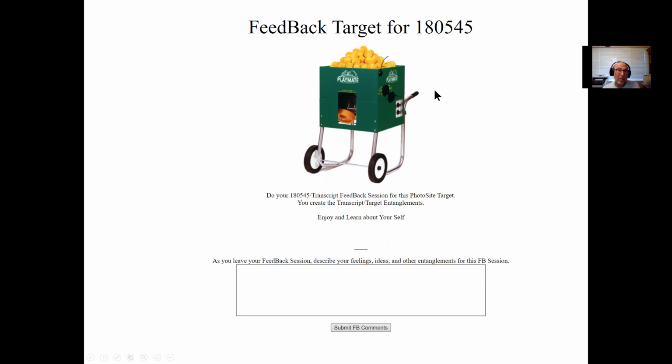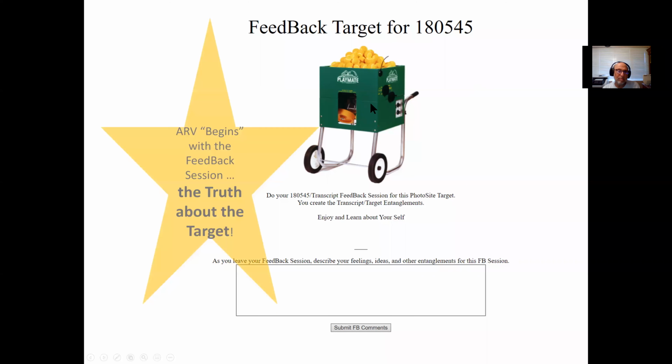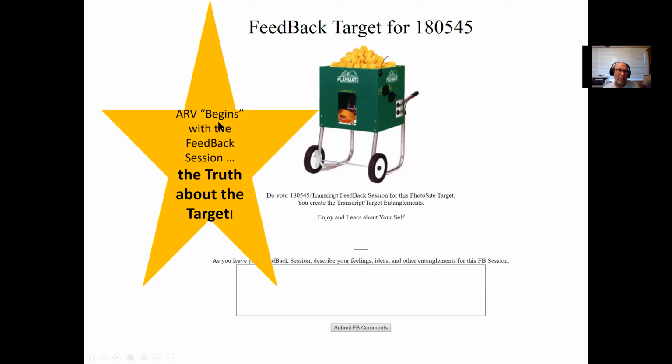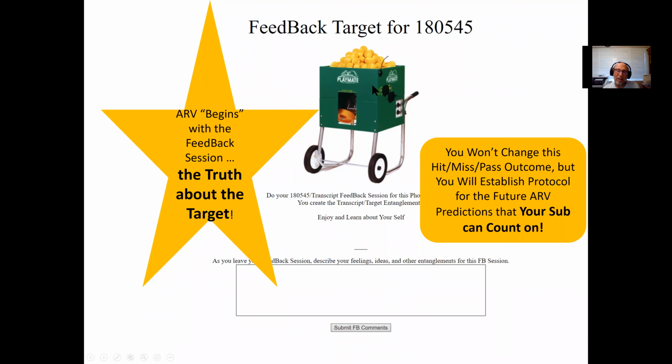And then you do your feedback session, put in your comments here, and click submit. And for your feedback session, as I said, you pay a lot of attention. This is the truth about the target. It begins here. You're not going to change the outcome, but you will establish a protocol for the future.